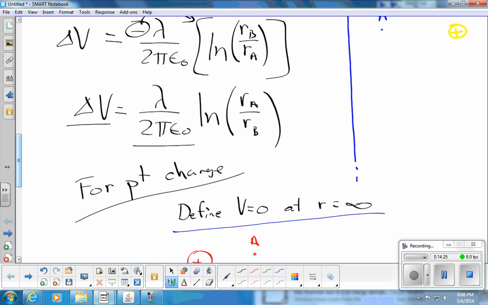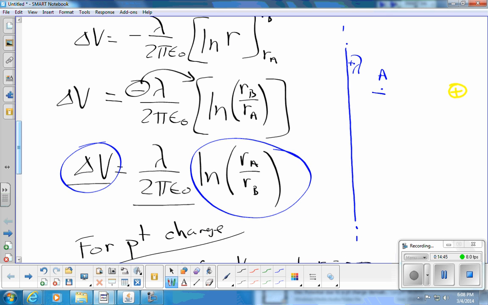If you plug R equals infinity into this natural log function, either for R_A or for R_B, you don't get a finite value. You don't get 0. You get positive or negative infinity. And so the change in potential between point A, any point a finite distance away, and infinity is infinity.